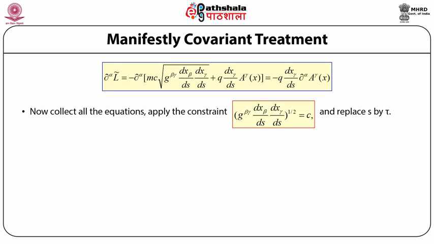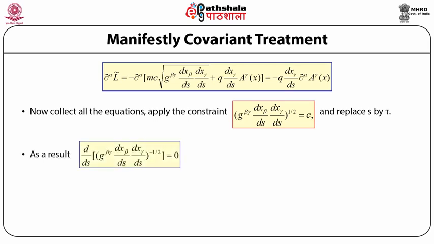Now at the end of the calculation, we apply the constraint that g_βγ (dx^β/ds)(dx^γ/ds) whole under root is equal to c, and replace s by τ.